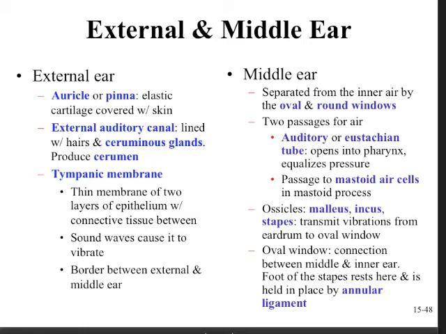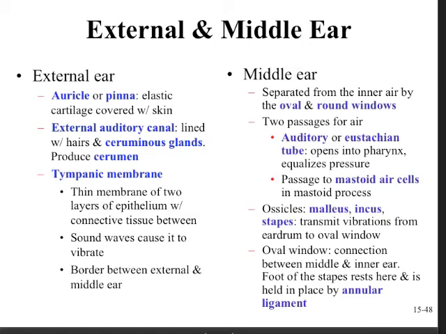Too little earwax can result in promotion of the growth of mold. If the mold gets too far down into the ear, it can actually eat away the eardrum. You lose your tympanic membrane and you lose a great part of your hearing. The tympanic membrane is a thin membrane, 2 layers of epithelia with connective tissue in between. When sound waves hit it, it vibrates.